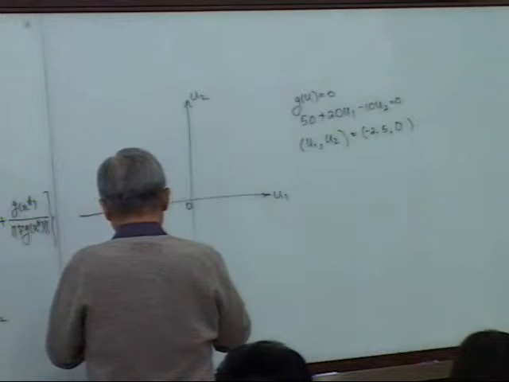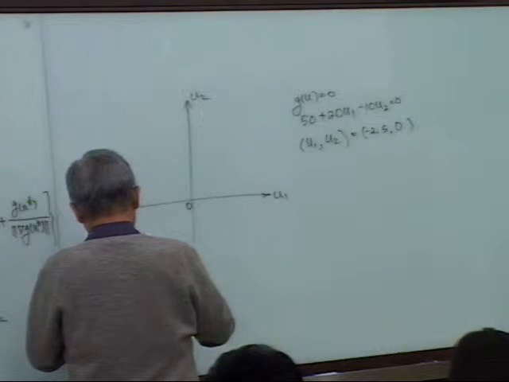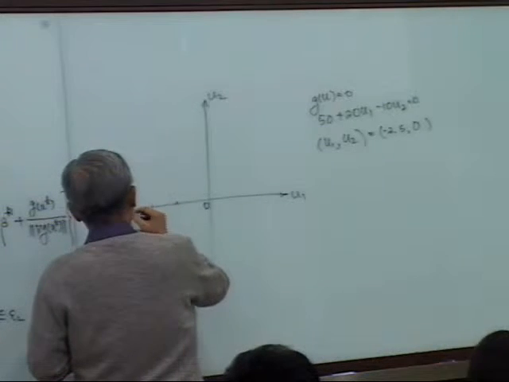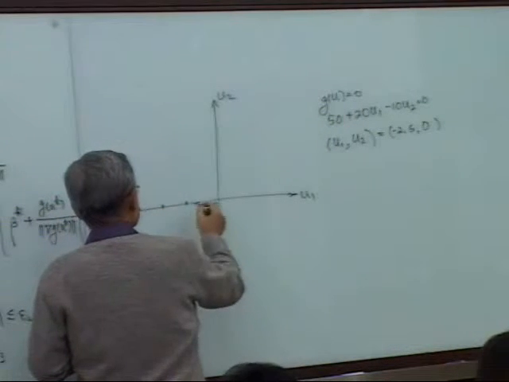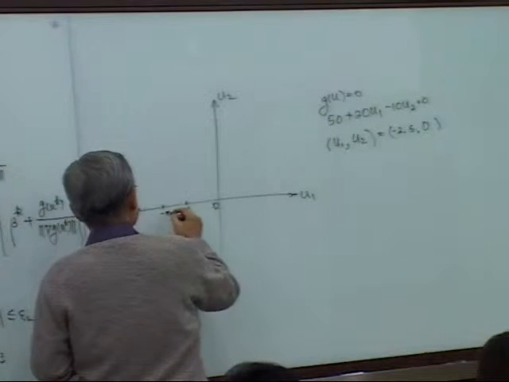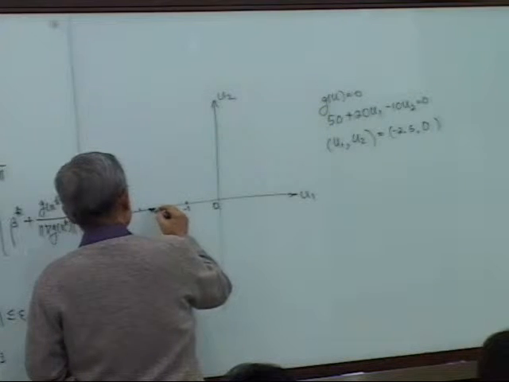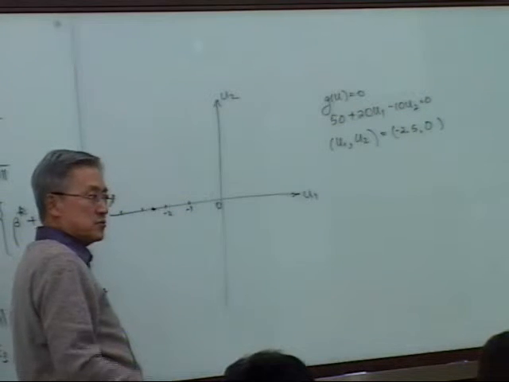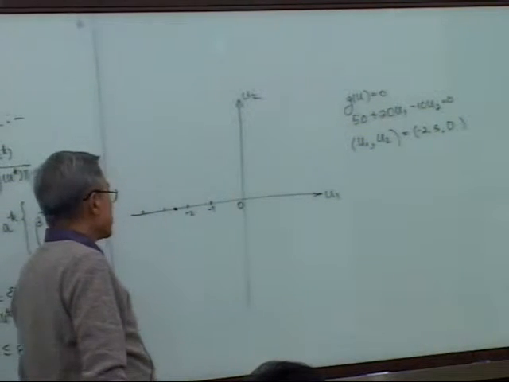So you put the tick mark at minus 2.5. The line, the performance function, should pass that point.